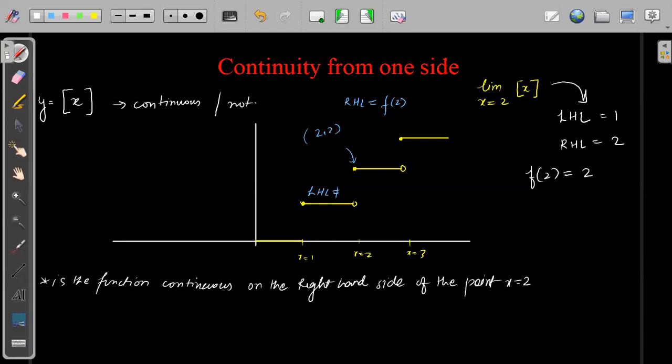Think about it. How can we say the function is continuous? If I am able to draw on the right hand side without lifting the pen.